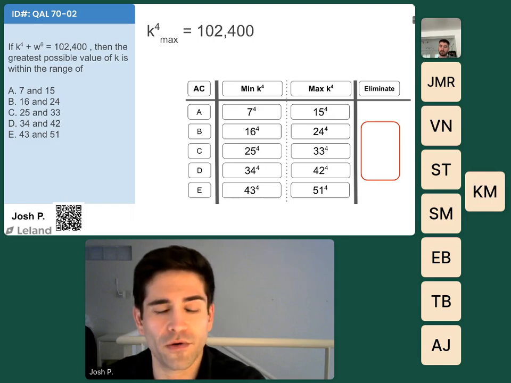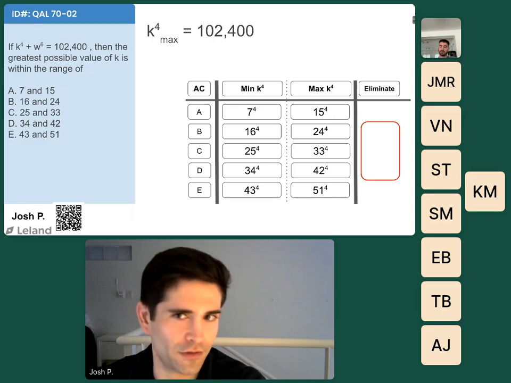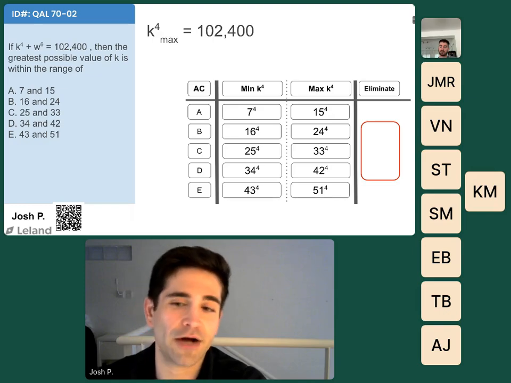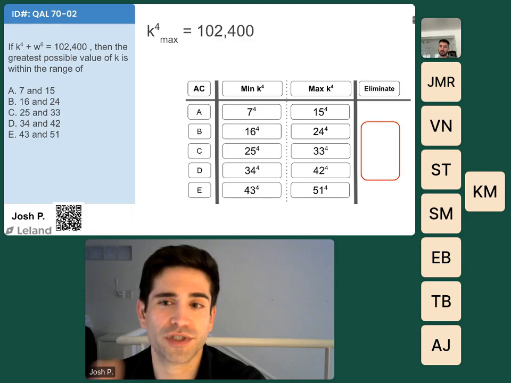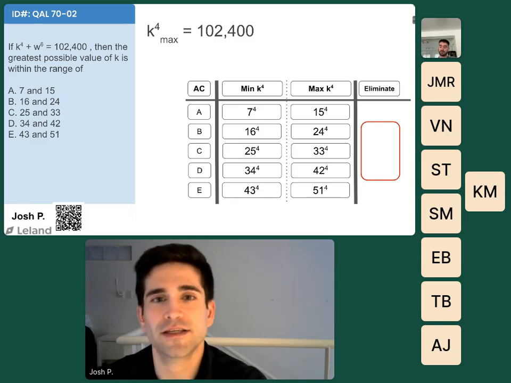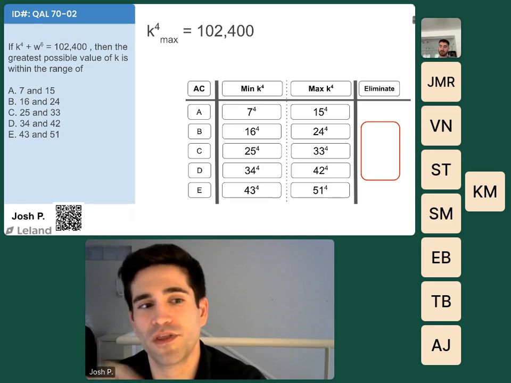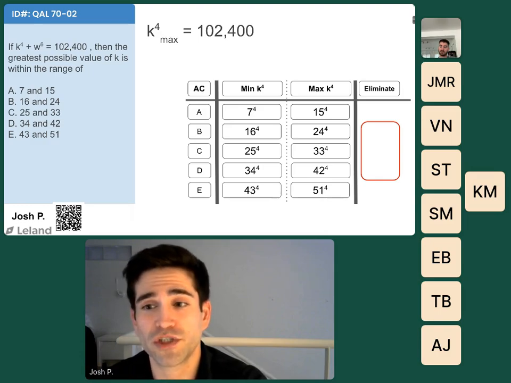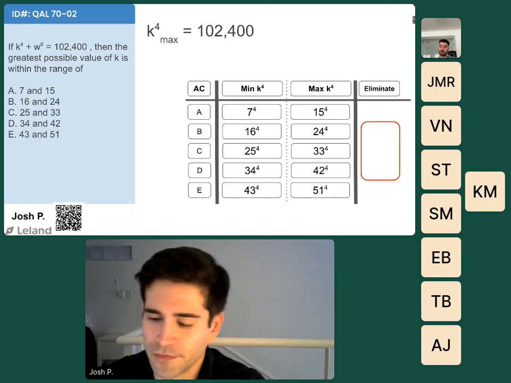So you want to think about what you can do without a calculator and how you can optimally approach this particular problem. And so I want to find k4 max is within which of these ranges.